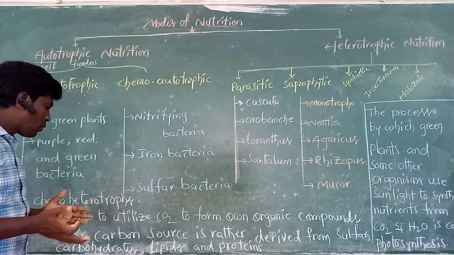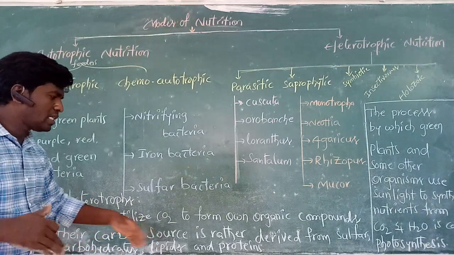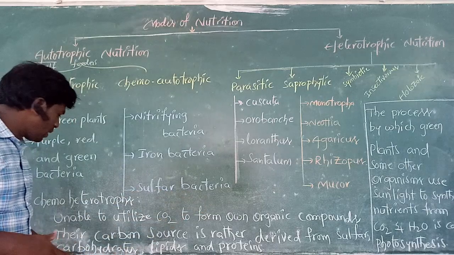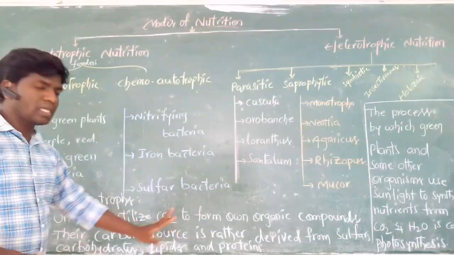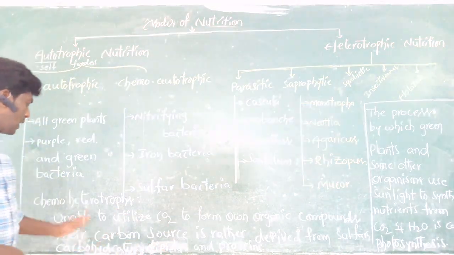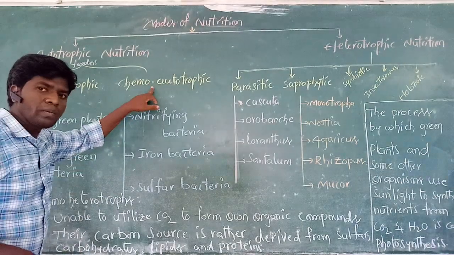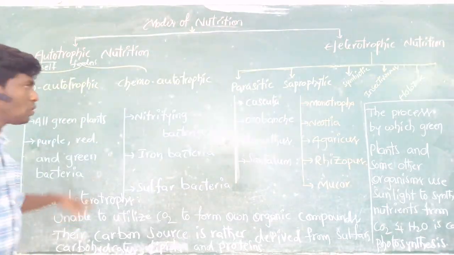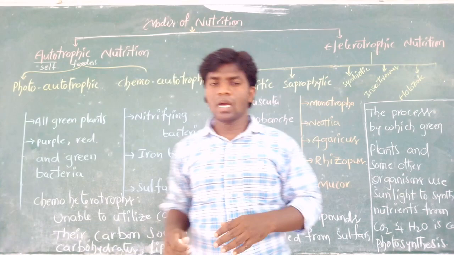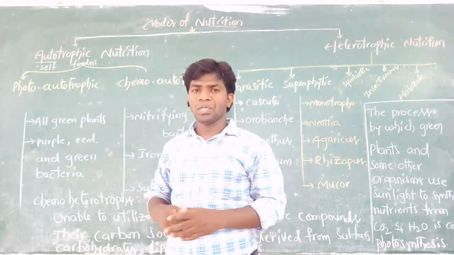So what is their carbon source? Their carbon source is rather derived from carbohydrates, lipids and proteins. This is about chemoautotrophs. So these are the types of autotrophic nutrition.